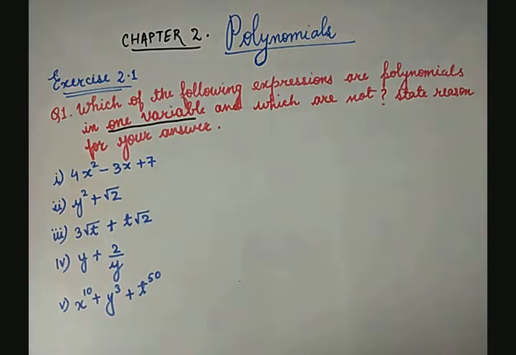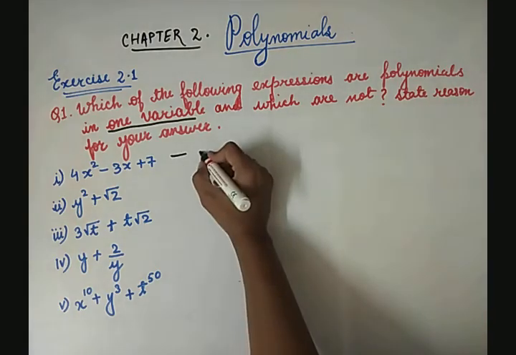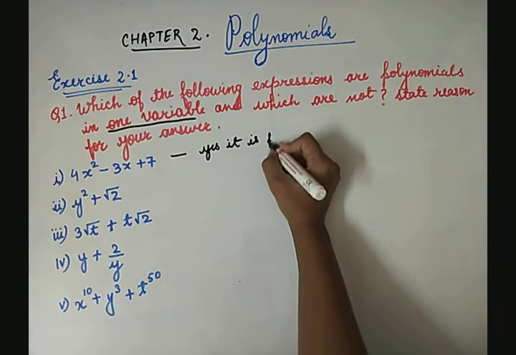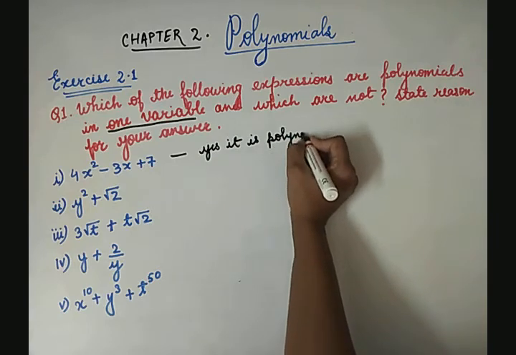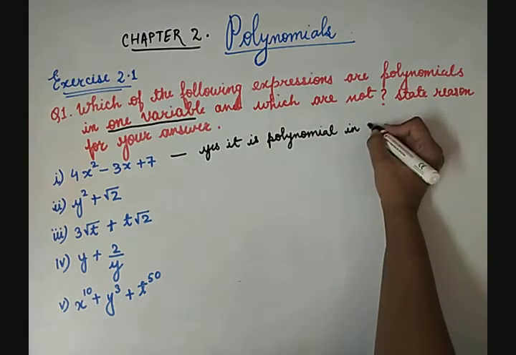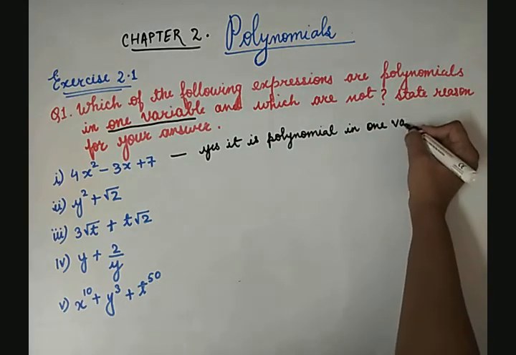Are both 2 and 1 whole numbers? Yes. So therefore it is a polynomial in one variable. So the answer will be yes, it is a polynomial in one variable.